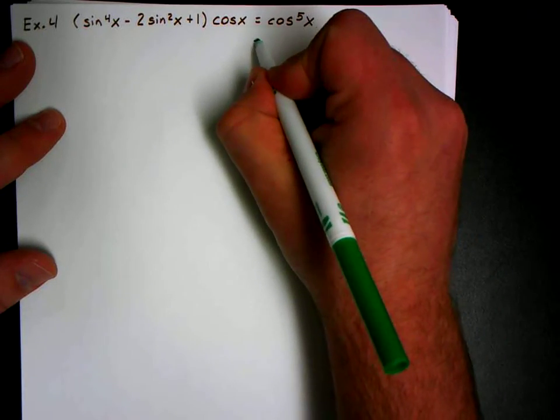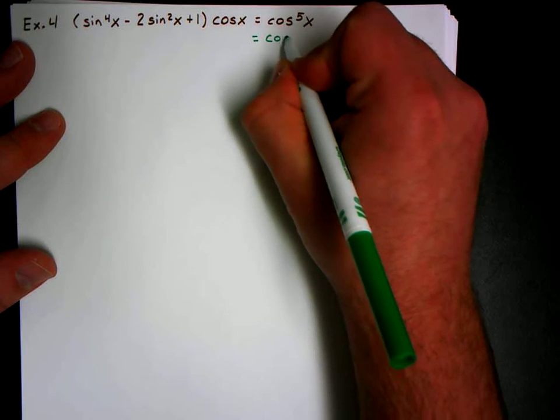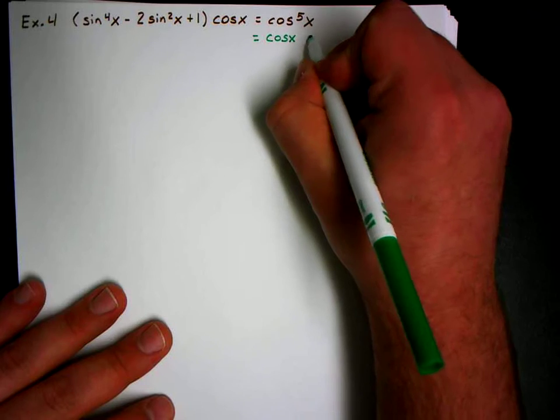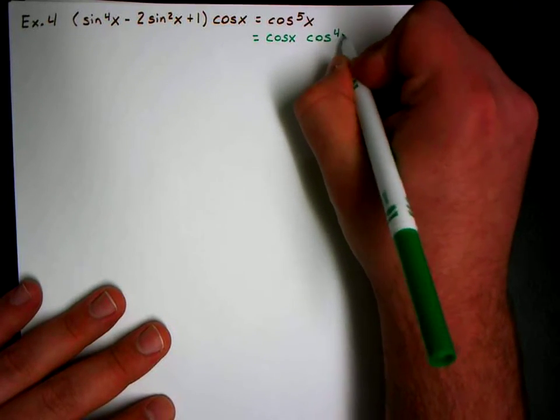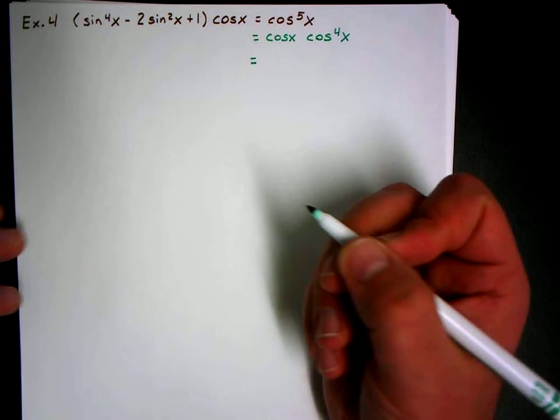So what I'm going to do is take this left-hand side, and pull out one cosine, because that's all I need. And then I'm going to take that cosine to the fourth and change it into sines. How can I change cosines into sines?